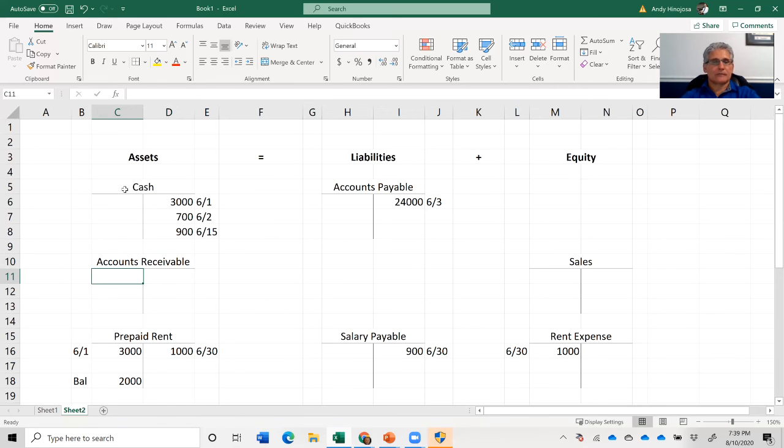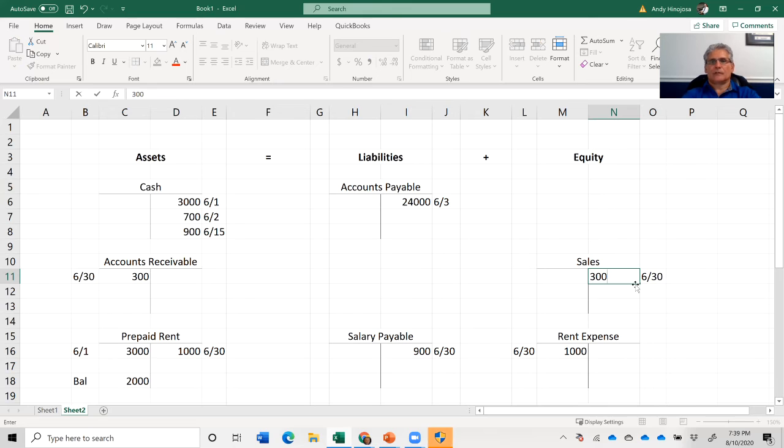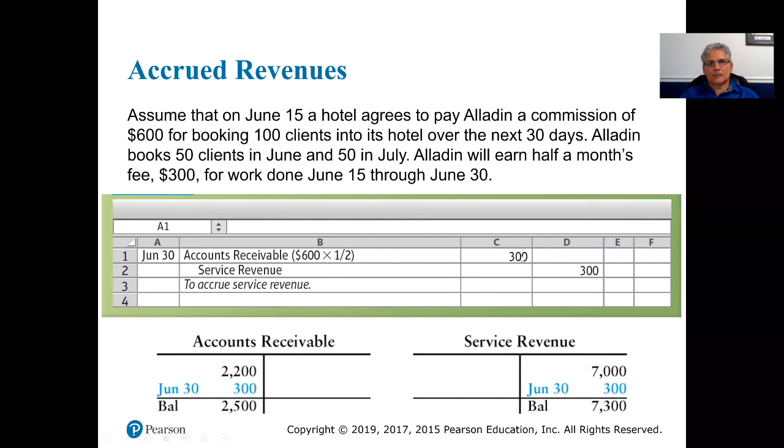So on the T account, $300. That's as of 6/30. And then we're going to recognize a corresponding credit, and that's going to be for $300. Debit accounts receivable, credit sales. And we've updated the T accounts.